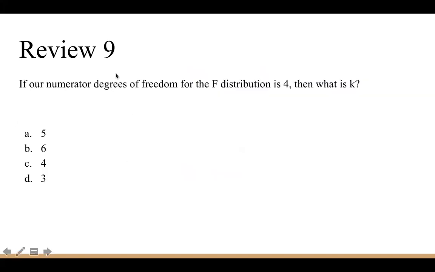Okay, so if our numerator degrees of freedom for the F distribution is 4, then what is K?